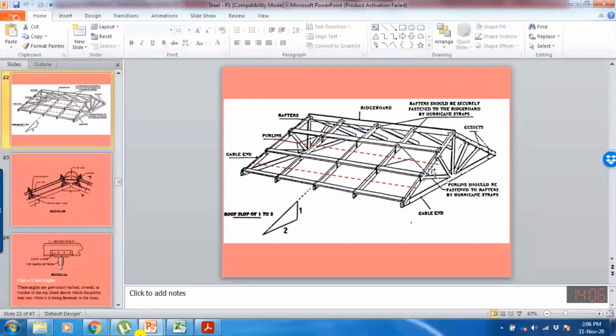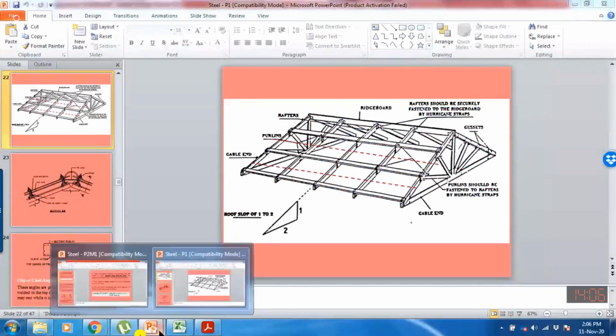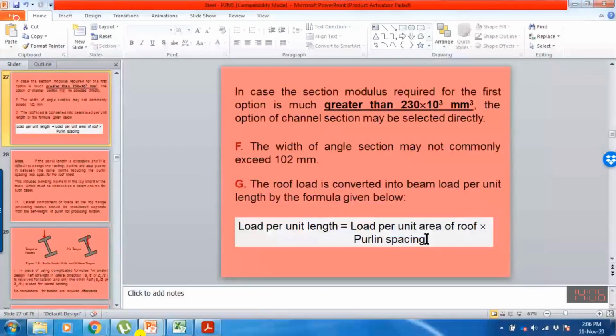So half P from one side and half P from the other side will be total P. This means that we multiply the total UDL load with the purlin spacing, which is equal to the panel length. Panel length is the horizontal distance between two consecutive panel points. In this way, we can convert into UDL load.